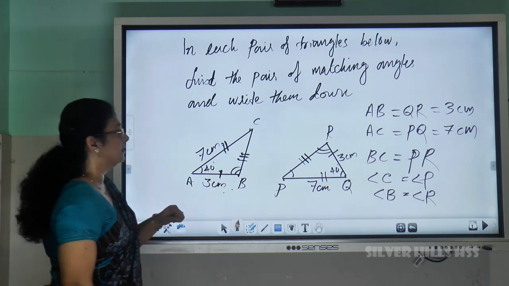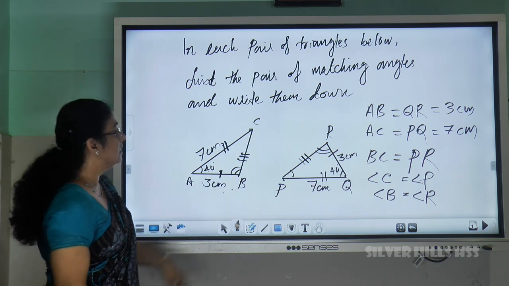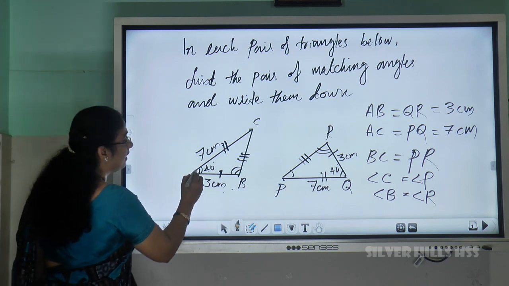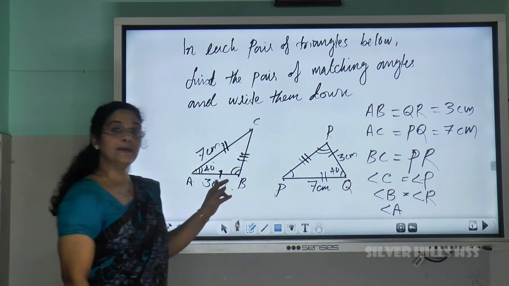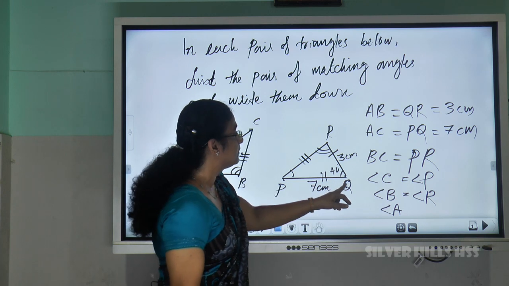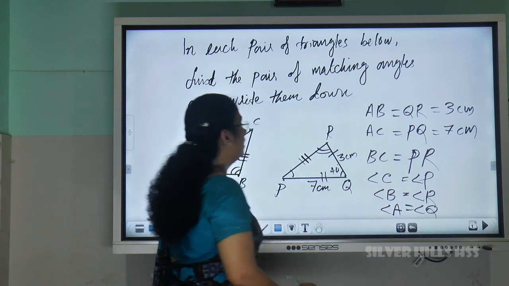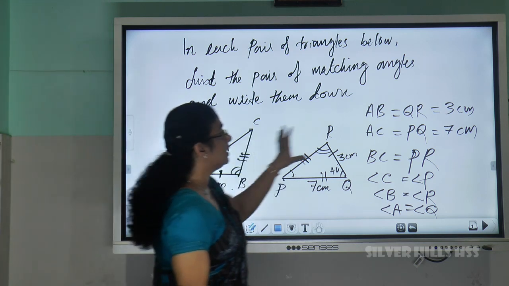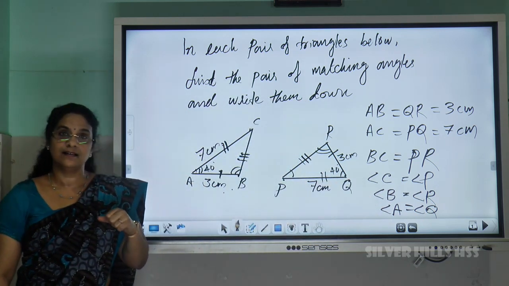Next the third side, BC. Opposite of BC is angle A in triangle ABC. And here opposite of PR is angle Q in triangle PQR. Now we got 3 equal sides and 3 equal angles.